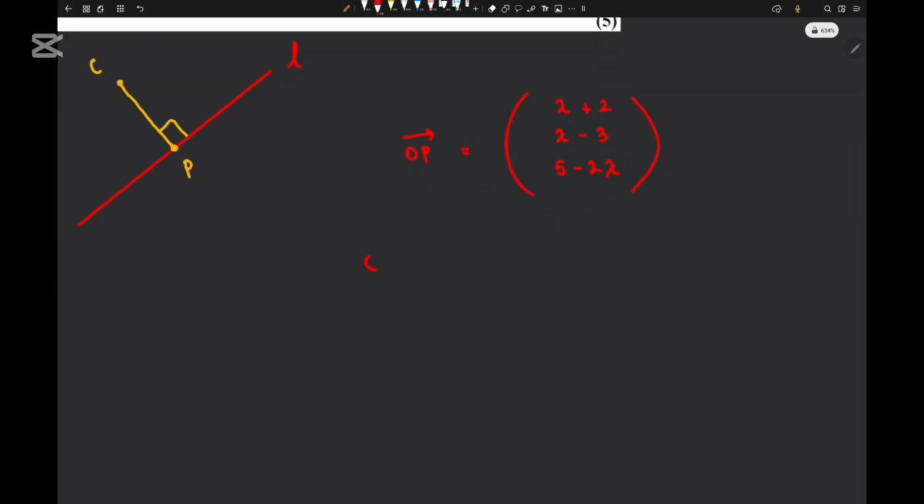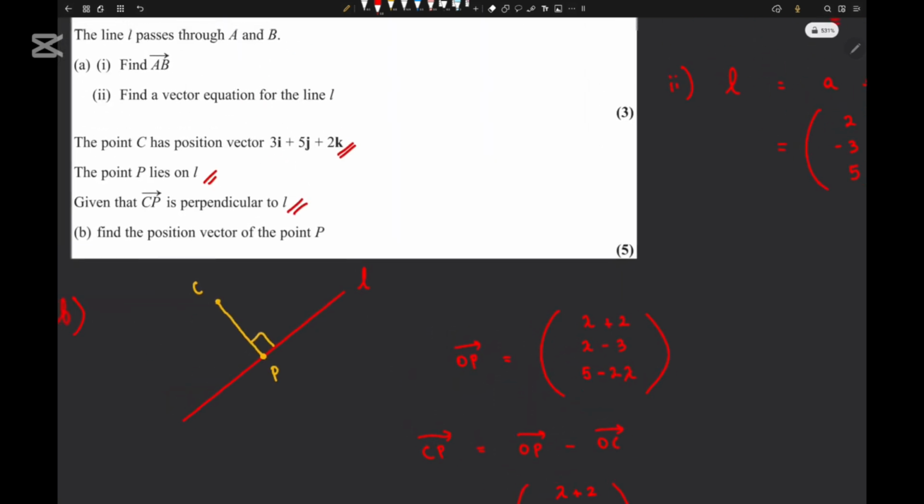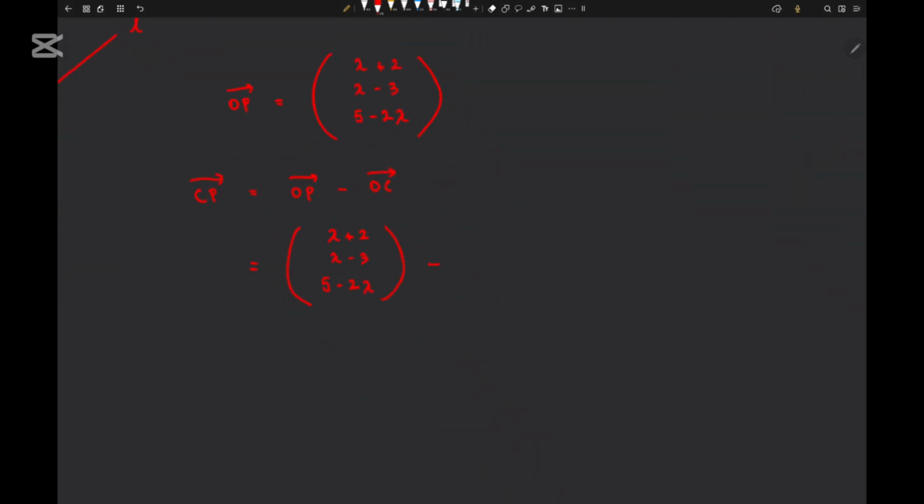Now in order to find the CP vector, which we need, this can be written as the OP vector minus the OC vector. So the OP vector is (lambda plus 2, lambda minus 3, 5 minus 2 lambda), minus the OC vector, which is (3, 5, 2).